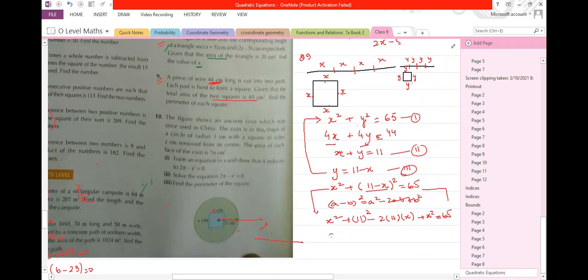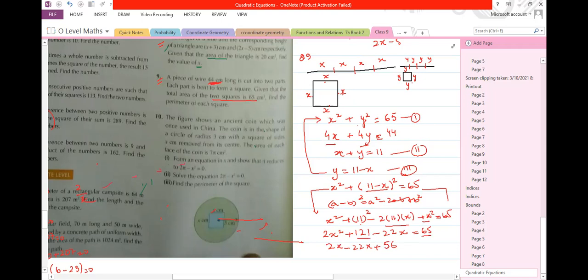And then I will add it. x squared and x squared make 2x squared, plus 121 from this, and minus 22x from this part, equal to 65. I will arrange it: 2x squared minus 22x, and when I subtract 65 from 121, I get plus 56.